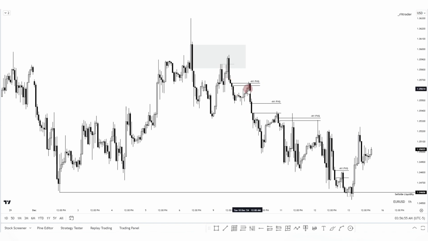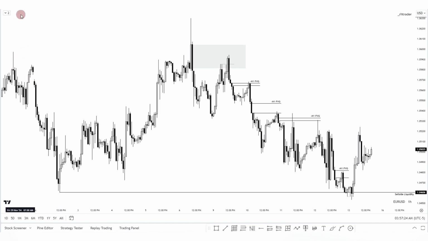So rather, I'm trying to say this is a breakaway gap. For beginners, I'm sure most of this is going over your head, but that's okay. I'll have other videos up soon which will help you with that. We also have another bearish fair value gap here, which acted as a breakaway gap before price went lower.